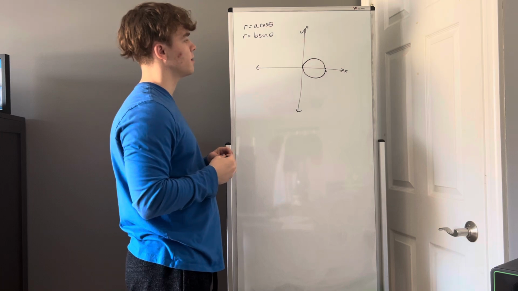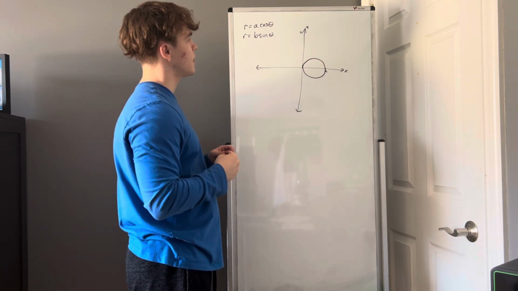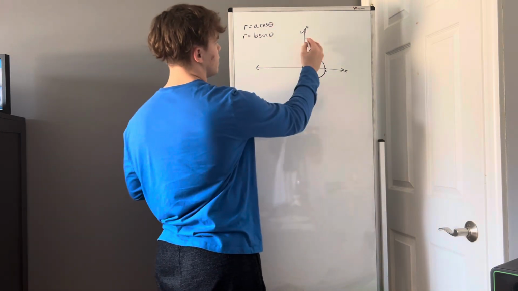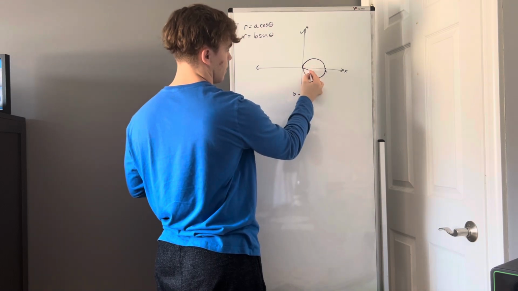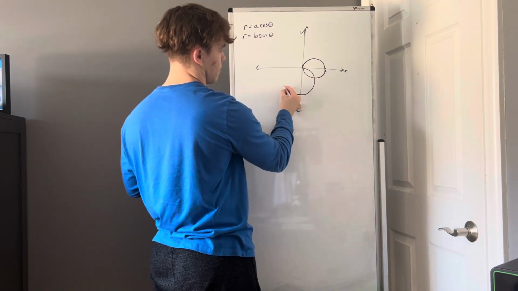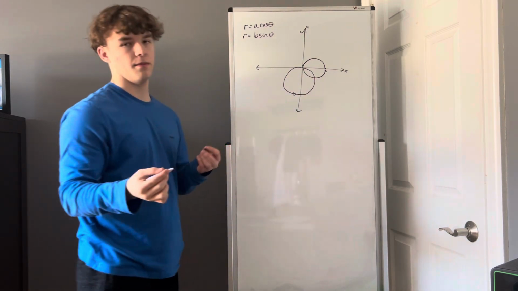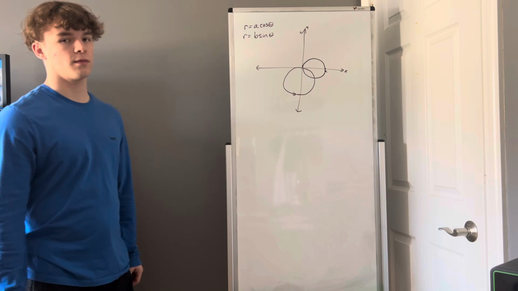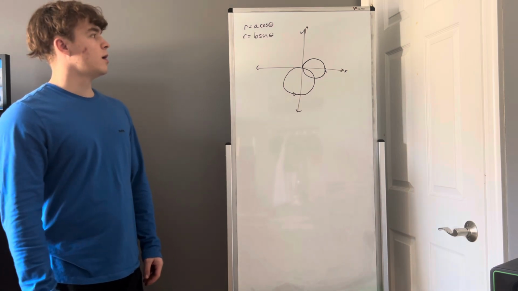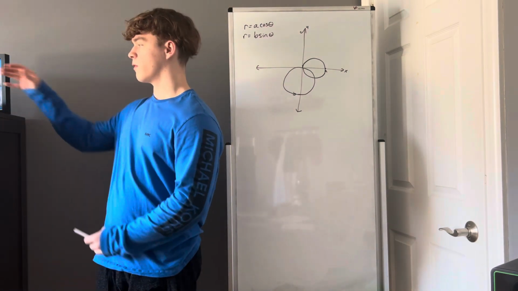Very, very simple. And same with sine theta. Remember, B could be negative 2. Boom. And A and B could be as big as possible. So that's circles for you.